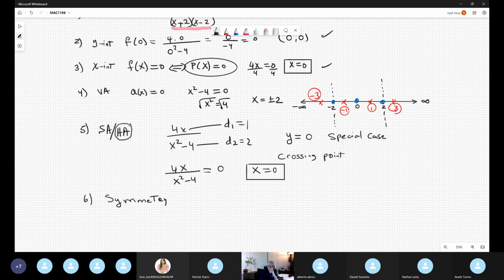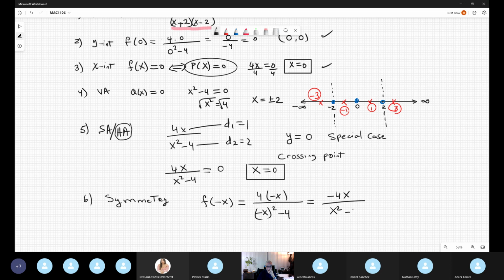Symmetry now. I need to investigate symmetry, because if we have symmetry, I can take advantage of it. So you replace x with negative x in the original equation. It's 4 times minus x divided by minus x squared minus 4. Be careful with the sign. Positive 4 and negative x is minus 4x. In this case it changes, but in the denominator no, because the square becomes positive.